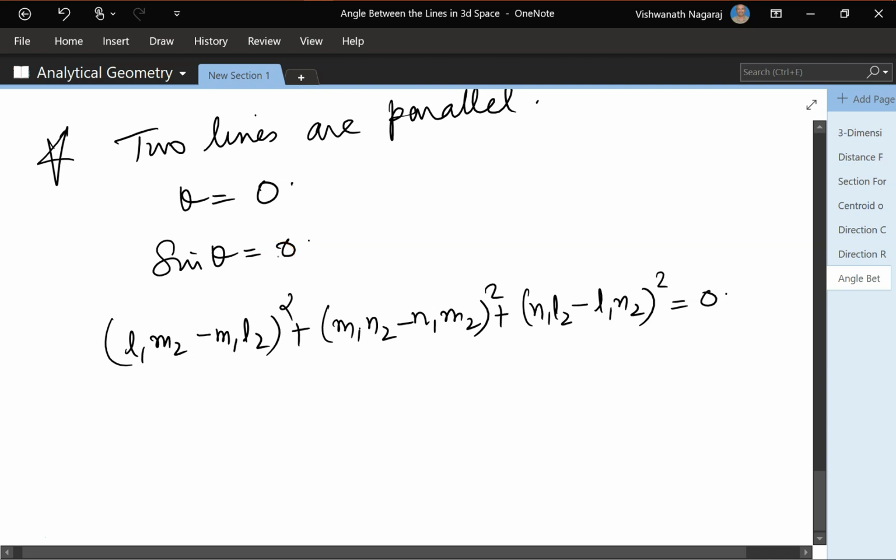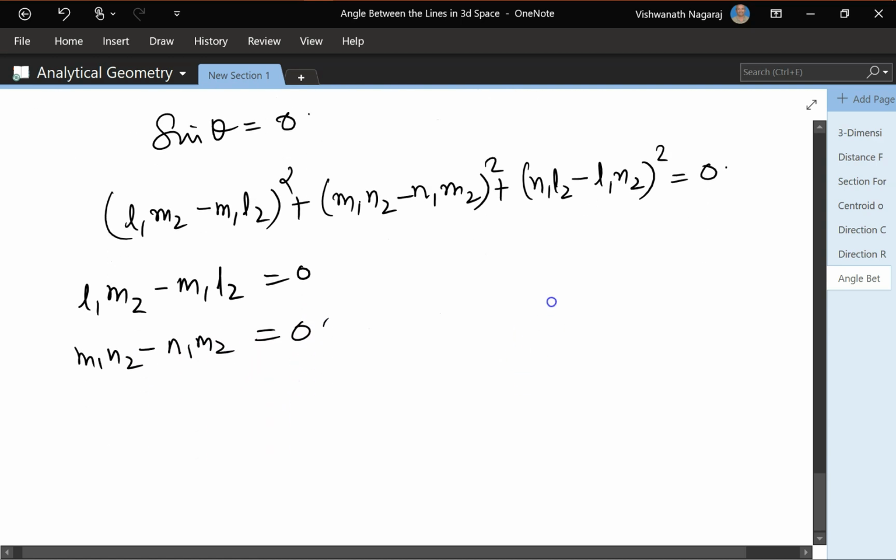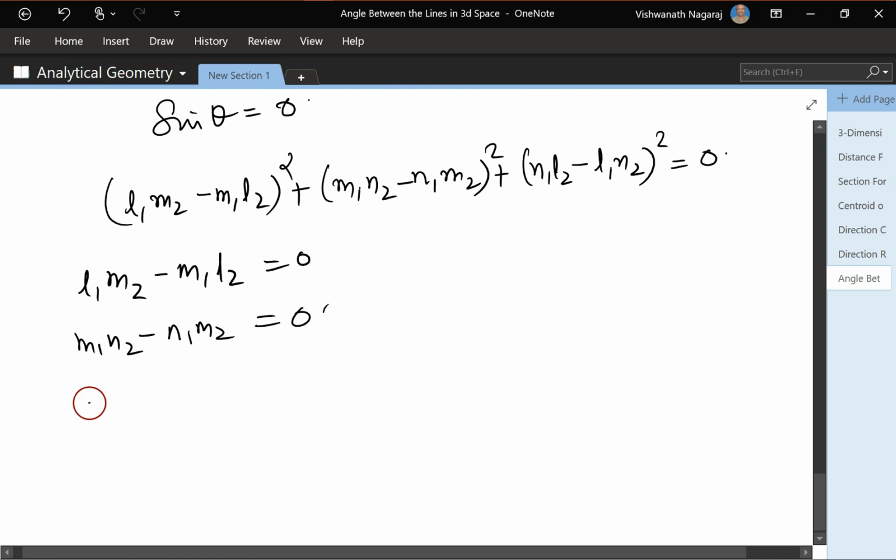Now if the sum of three things is equal to 0, that means each one of them also has to be 0. So L1 M2 minus M1 L2 equal to 0, M1 N2 minus N1 M2 is equal to 0, and N1 L2 minus L1 N2 is equal to 0.